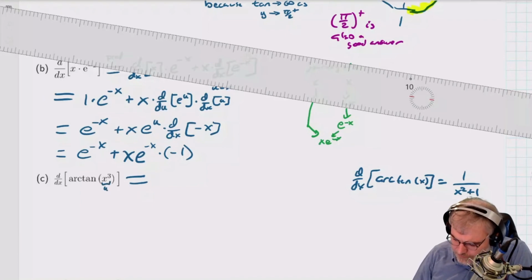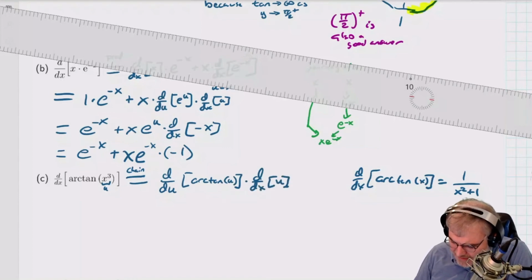So I've got this u thing going. It's a chain rule, so I'm going to have d over du of arctan of u times d over dx of u. And I am skipping a step there, so I hope you don't mind.